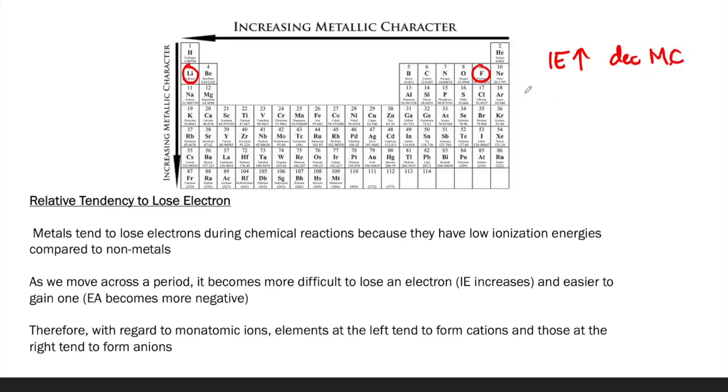When we go from top to bottom, there is a decrease in ionization energy because the atomic radius increases. So the amount of energy needed to remove an electron from the outermost shell of cesium will be very little compared to lithium. Because the ionization energy for cesium is very low, the metallic character of losing the electron is much higher in cesium than lithium.